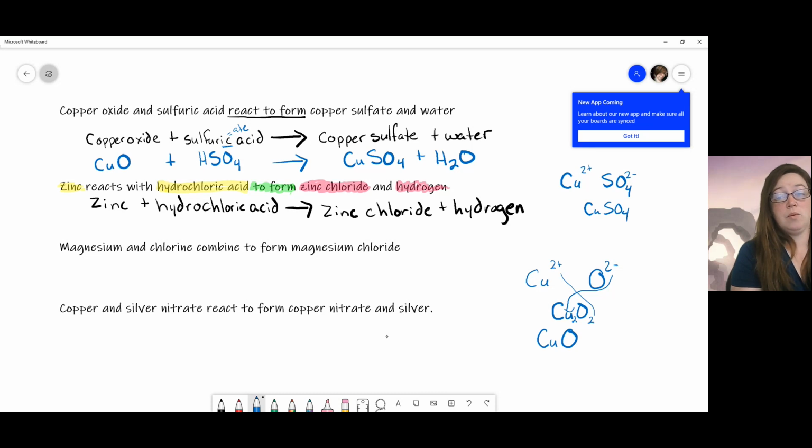We're going to do it one more time with the zinc and the hydrochloric acid. Zinc is an element, its symbol is Zn. Hydrochloric acid is HCl. This is a binary acid: hydro, H, chloric, Cl.